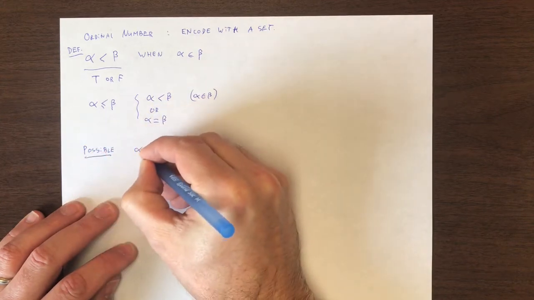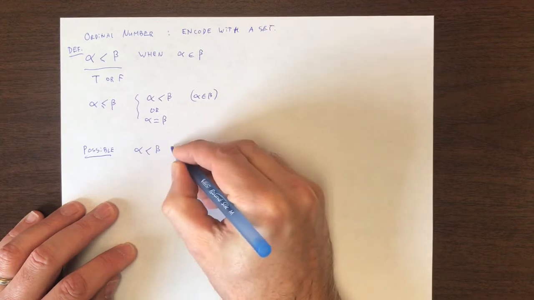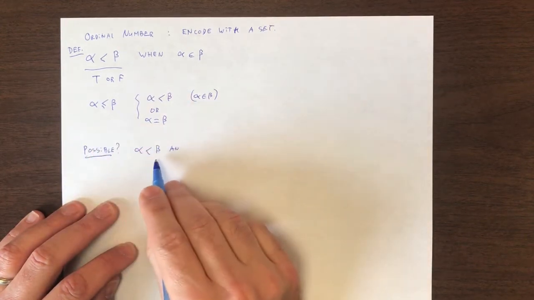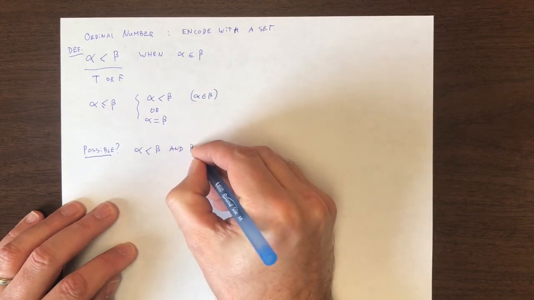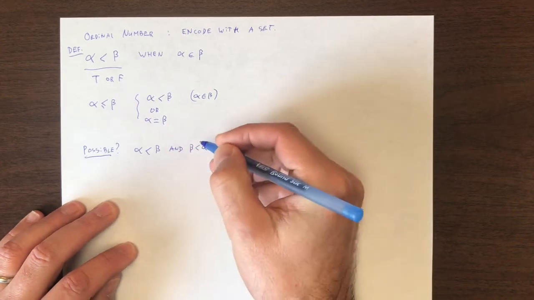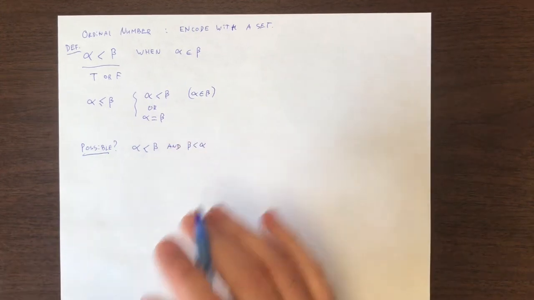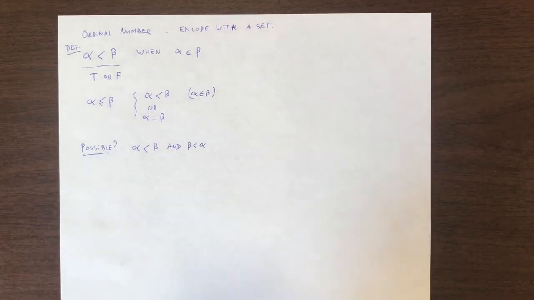Could it be that alpha is less than beta, and so that's a question mark. Could it be that alpha is less than beta and beta is less than alpha? Well, I didn't spend a lot of time on the axioms of set theory, but I did write this handout, the ZFC axioms of set theory.